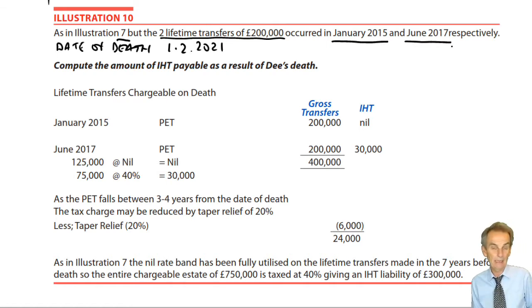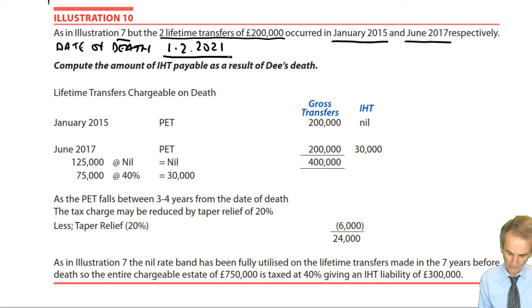Remember that went all the way back to illustration 2, I think it was. But the date of death of, I think it was D, our taxpayer here, the date of death was the 1st of February 2021.